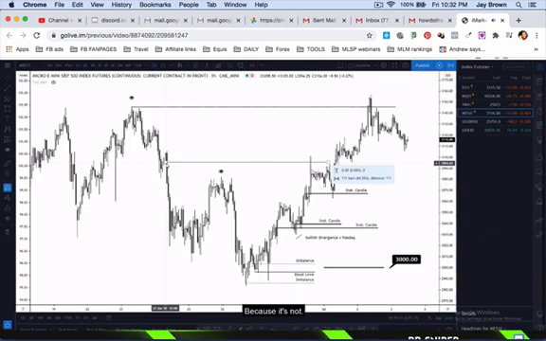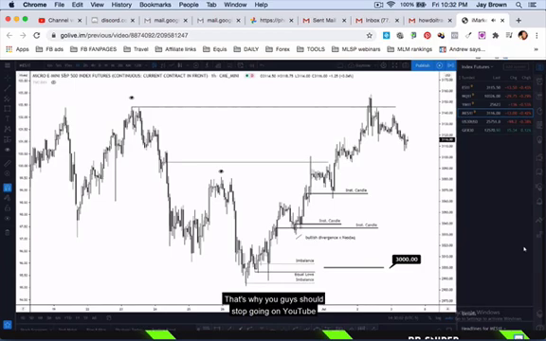Because it's not. Well, that doesn't make sense. There was a large sell-off, but this is an up candle. I don't understand. Exactly. That's why you guys should stop going on YouTube and trying to explain it, because you're getting it wrong. LOL.